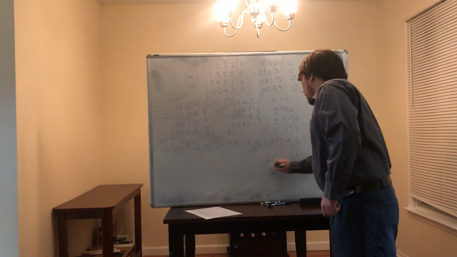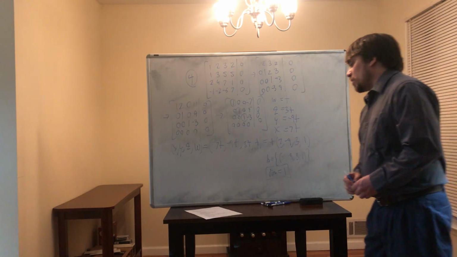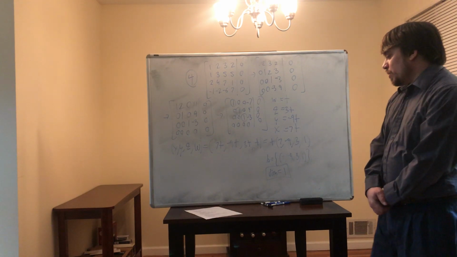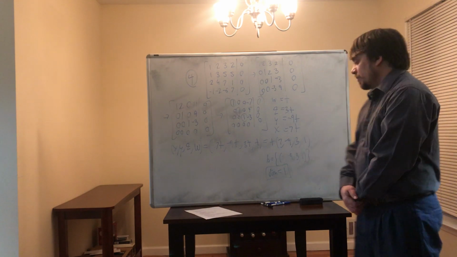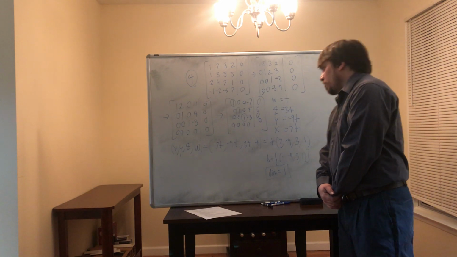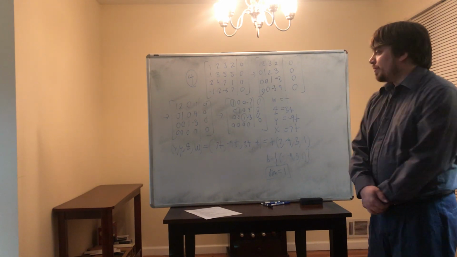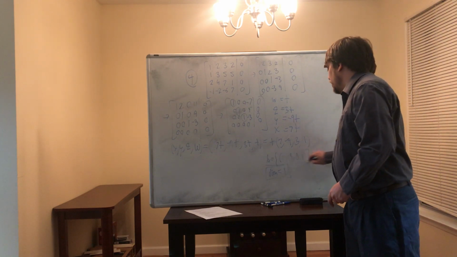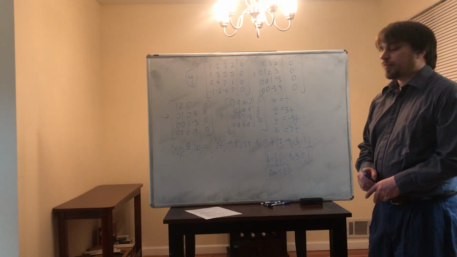So the dimension of the solution space of the homogeneous system is 1. And we're done with number 4. We found a basis and we found the dimension.